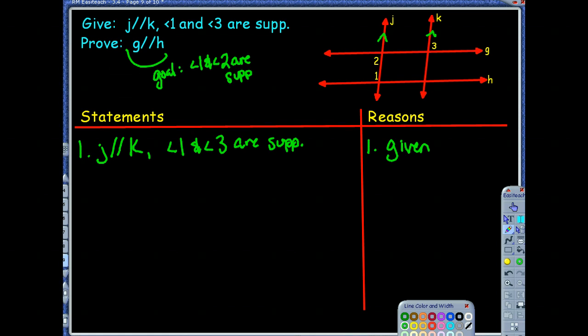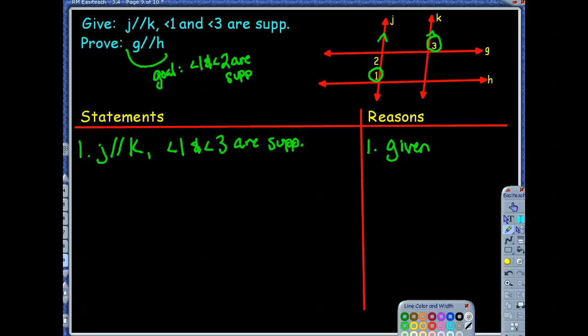Okay, so let's finish marking. We've got that J and K are parallel. I can't really mark supplementary on there. No. But let's take a look. Angles 1 and 3 are the ones they're giving me as supplementary. Whenever there's a vocabulary term in our given information, what do we typically do with that? We use its definition a lot of times.